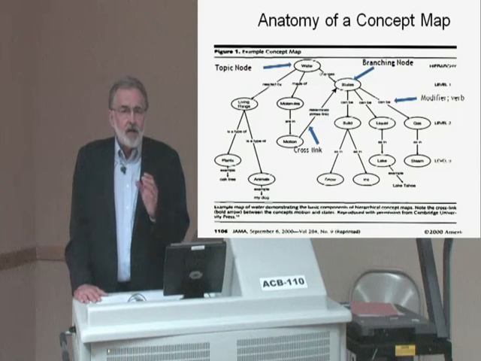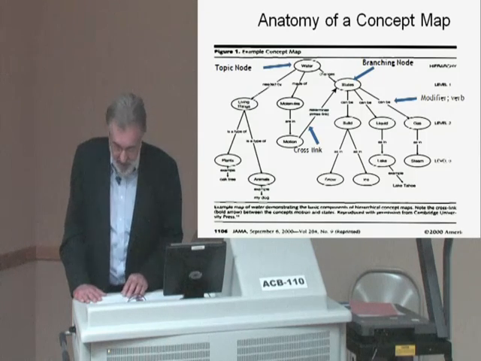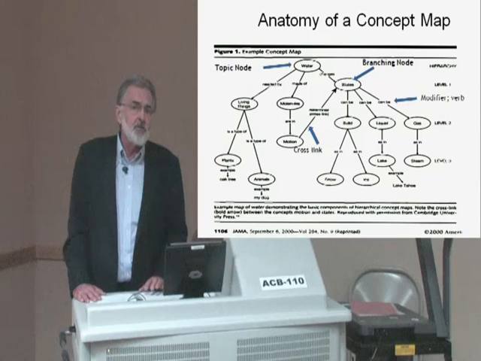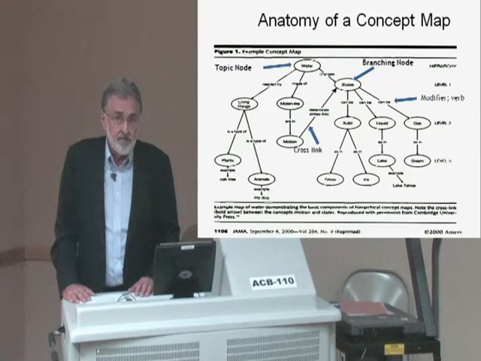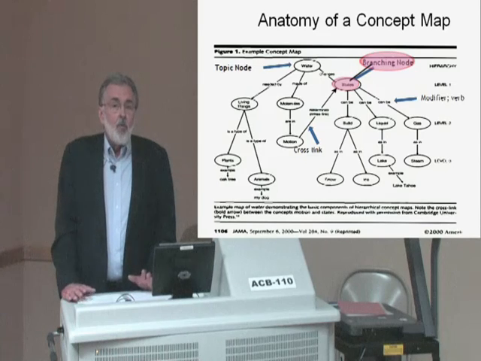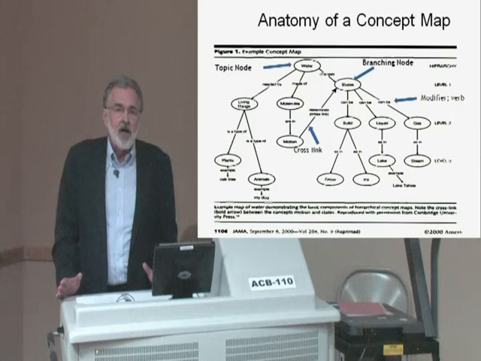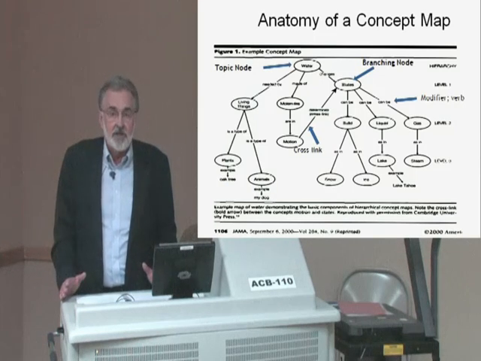So we have a lot of facts connected together, but you notice another aspect of the sample map here, that is that we have nodes that branch. And I have that indicated on the slide.